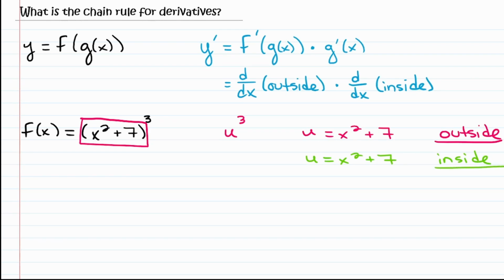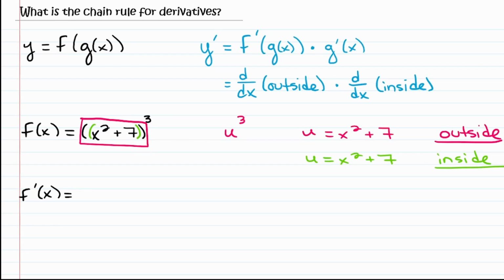So let's break it down. That's just this area on the inside, x squared plus 7. Let's find the derivative of this by applying our rules. Remember, we need to take the derivative of the outside function first. The outside function is whatever to the third power, u to the third power.